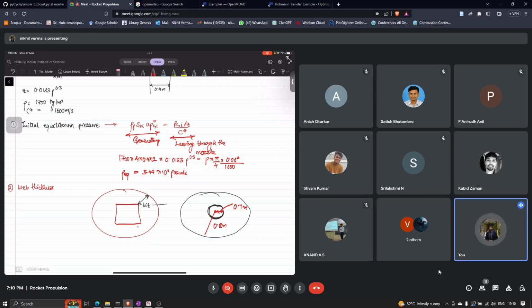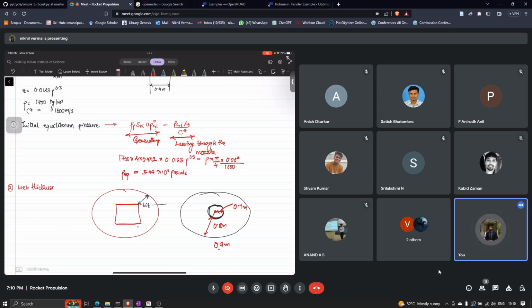So the web thickness will be equal to 0.7 now. So web thickness is this distance. But okay, let me see. Just give me a second. So the web thickness is your closest distance from the initial grain surface to the wall.